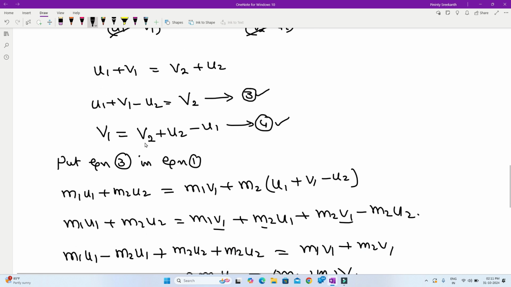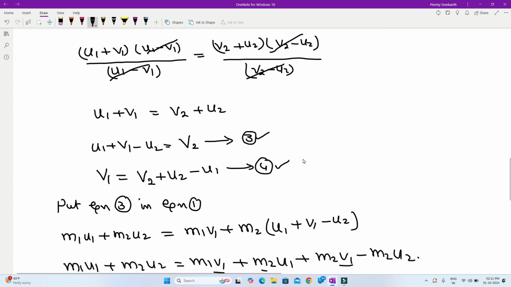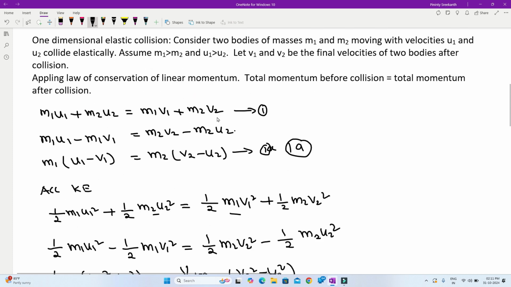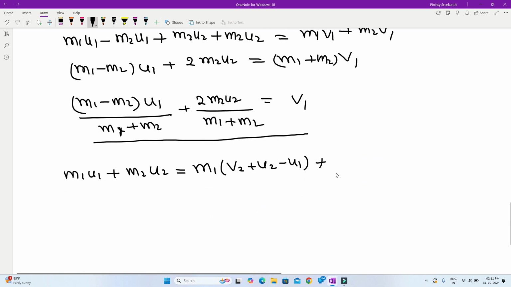This v1 is equal to v2 + u2 − u1, then plus the last term of equation number 1, which is m2 v2.